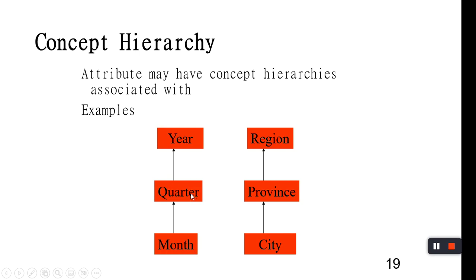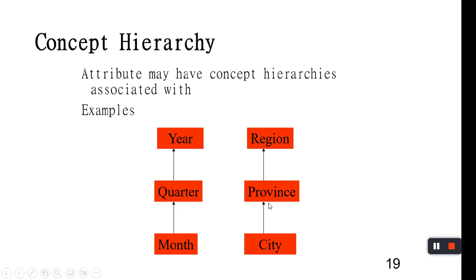And if you aggregate all the quarters, then you will get a year, right? And same goes with drill down. If you are being presented with a year, you want to know more details of it, you can break it down into quarters. And then the quarters, you can also break it down further into months.